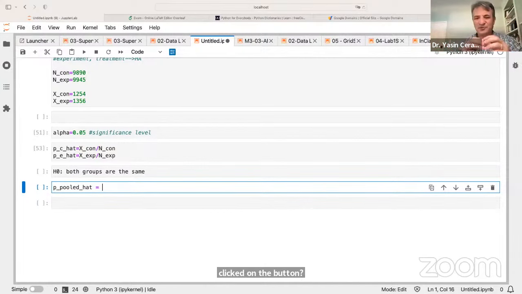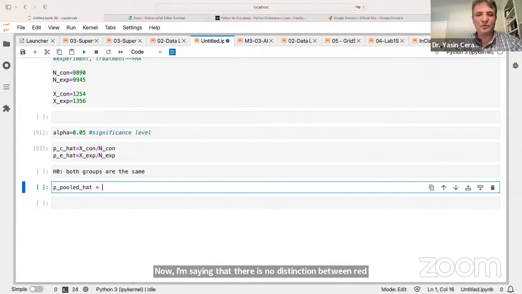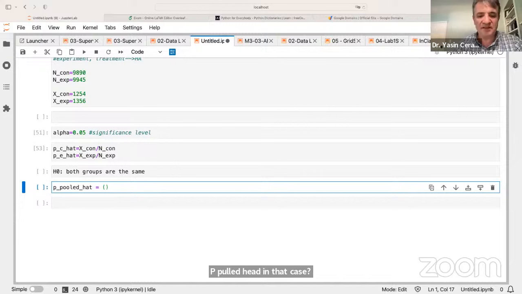So p pooled hat is how many people clicked, X control plus X experiment, divided by the total number of people who took the test, N control plus N experiment.